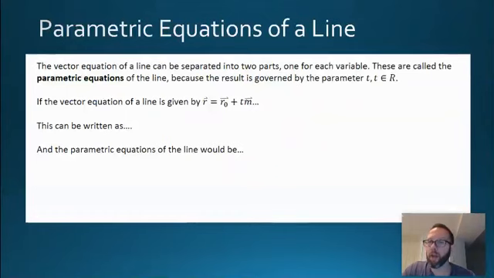We're going to look at another way to express lines in R2, the parametric equations of a line. So if a vector equation of a line is given by r equals r naught plus t m, I can write this in terms of components, kind of like this.